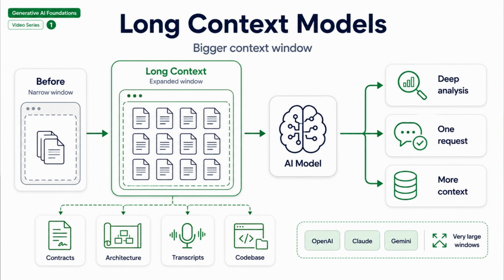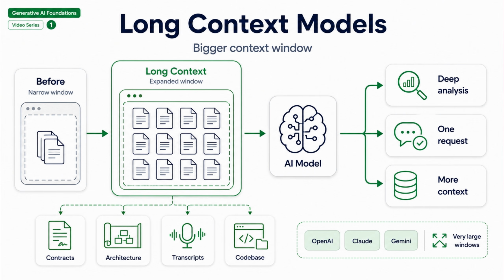Earlier in the series, we discussed the context window, which is the amount of information a model can process in a single request. But the long context models take this much further, because they can now work with extremely large inputs, sometimes hundreds of thousands or even millions of tokens, depending on the platform and the model.